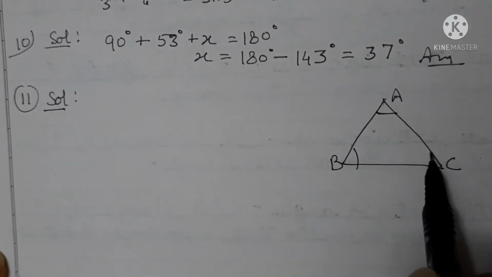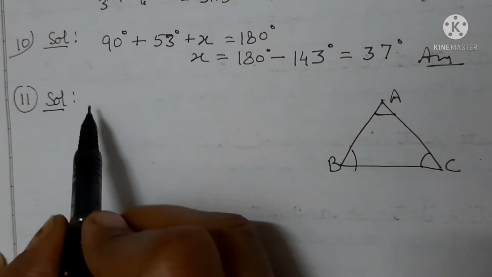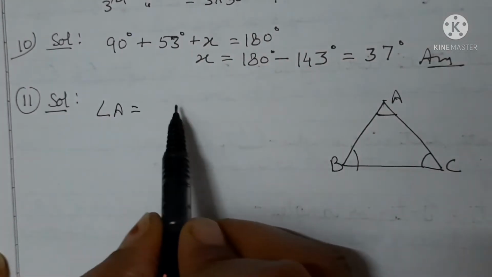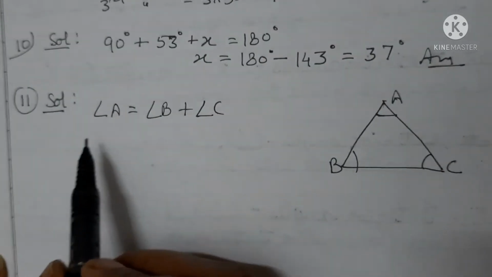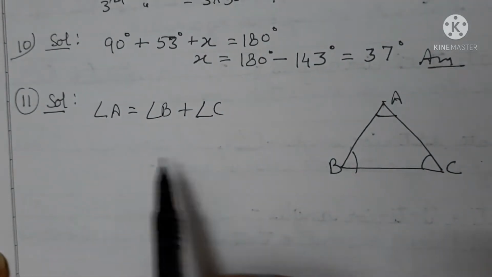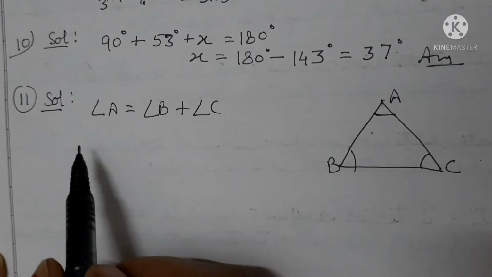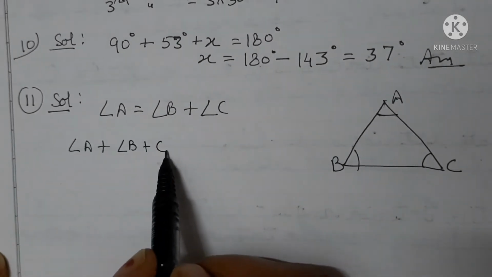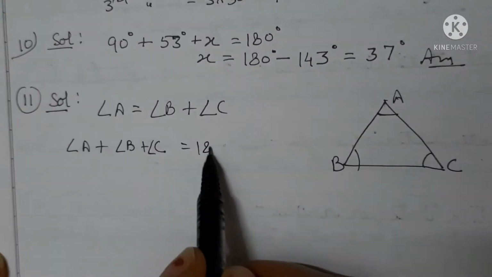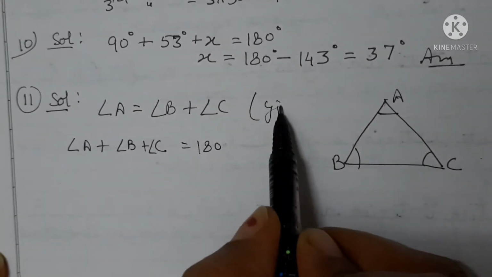and here angle A is equal to angle B plus C, given. Angle A is equal to the sum of the other two, angle B plus angle C, and you know the sum of the angles of a triangle will be 180 degrees. So write here angle A plus angle B plus angle C is equal to 180 degrees.